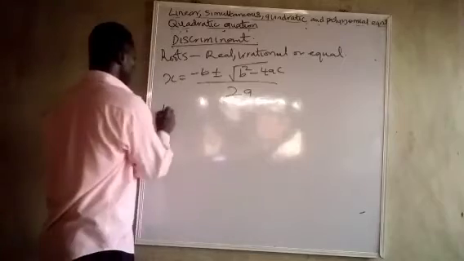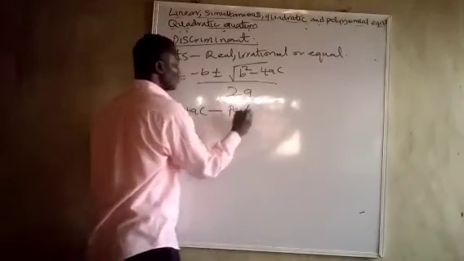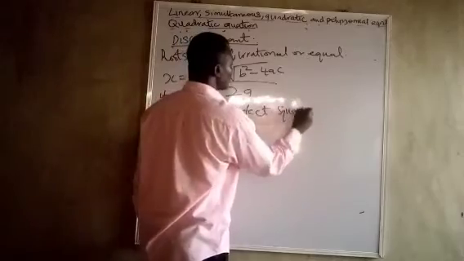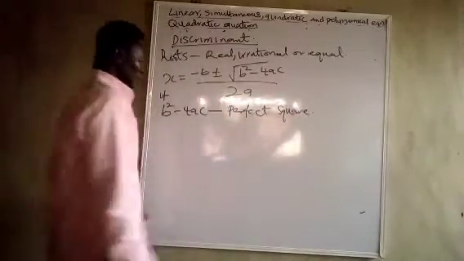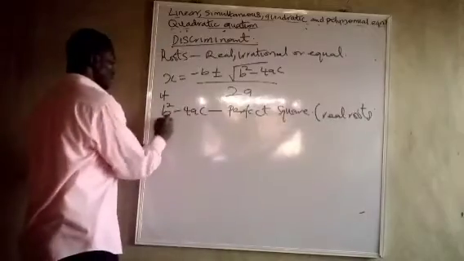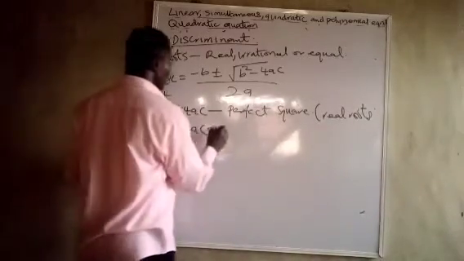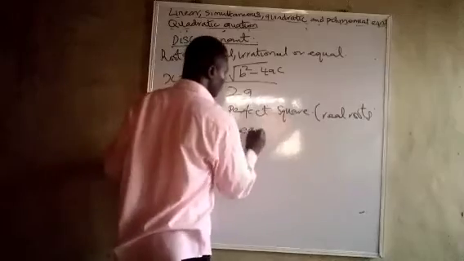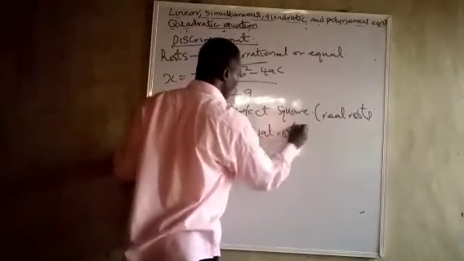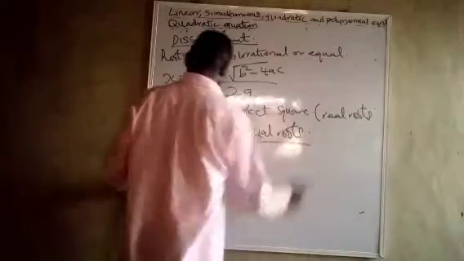Why? If b squared minus 4ac is a perfect square, you have real roots. If b squared minus 4ac is equal to 0, you have equal roots. That is, you are going to have a perfect square, equal roots.